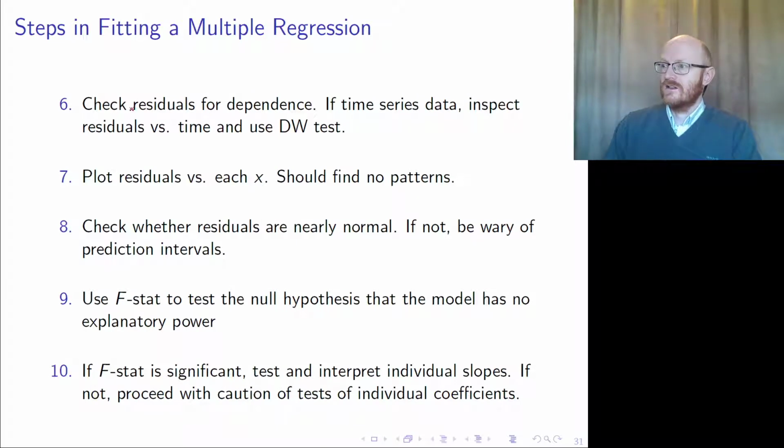And you can check the residuals for dependence.